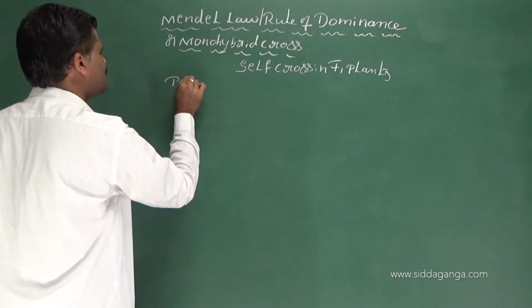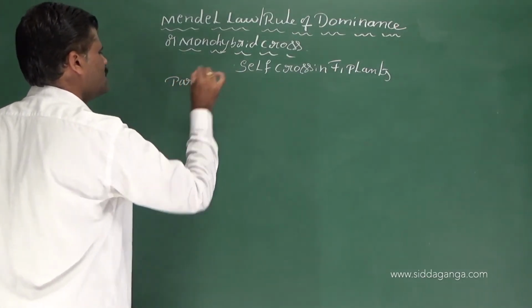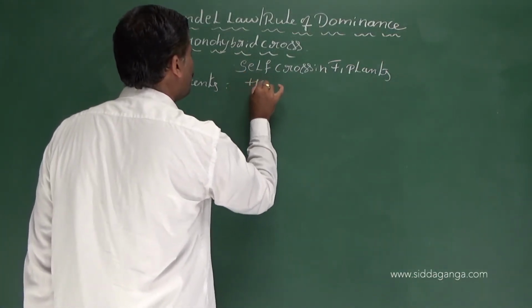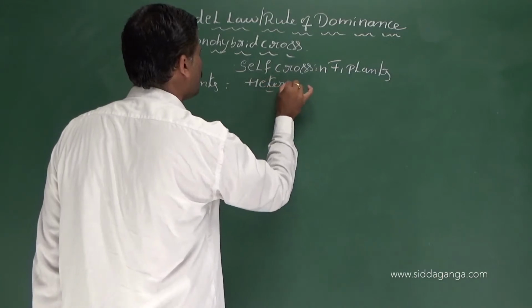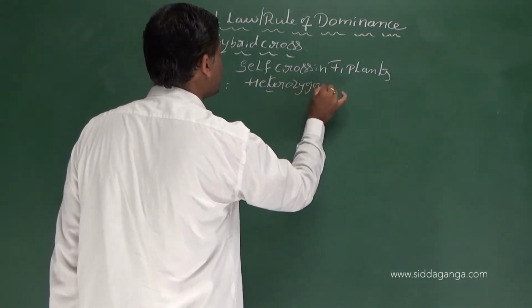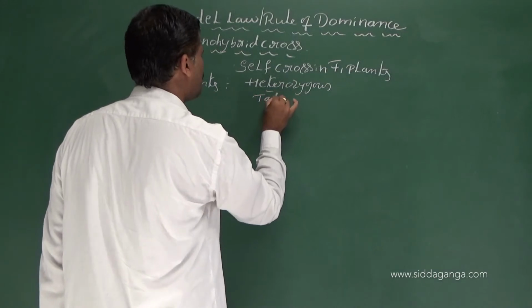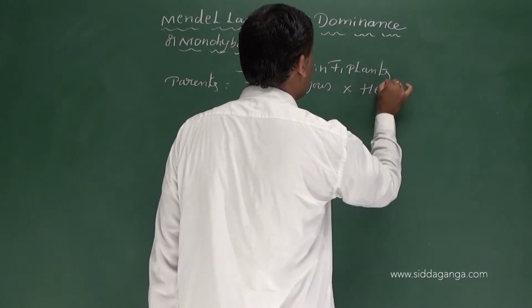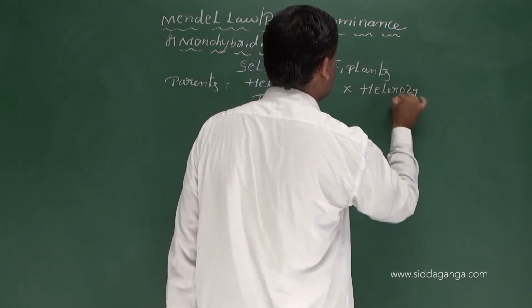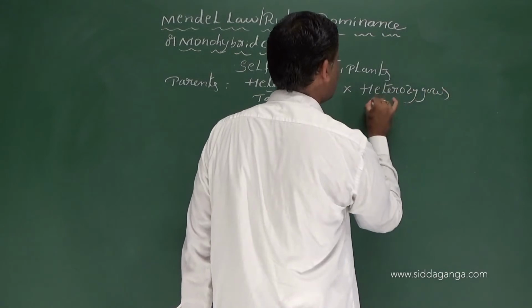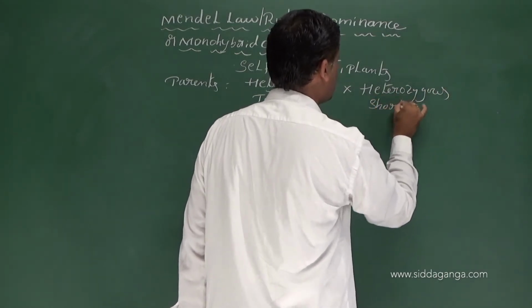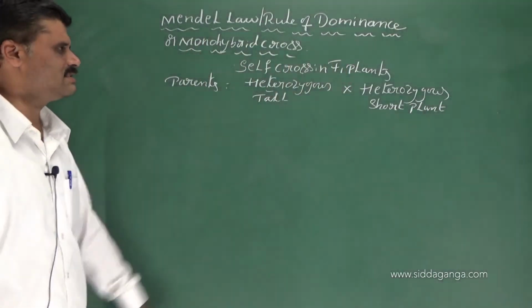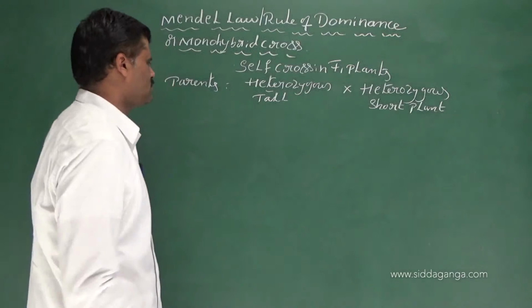Now the parents are the F1 generation plants, that is, heterozygous tall plant crossed with heterozygous tall plant.